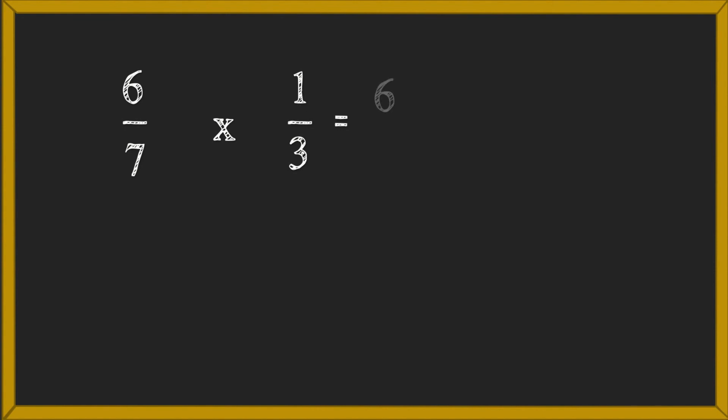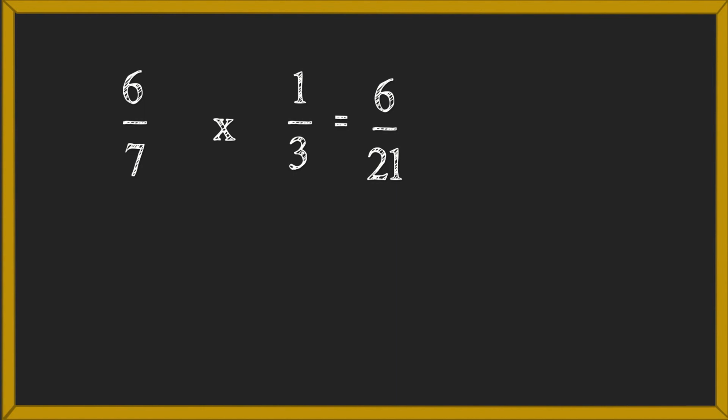Multiply both the numerators and both the denominators. 6 times 1 is equal to 6. 7 times 3 is equal to 21. Is 6 over 21 already in its simplest form? That's right, it's not yet in simplest form.